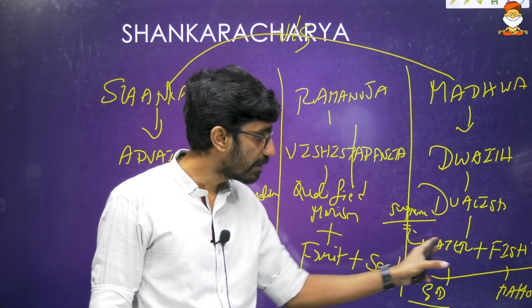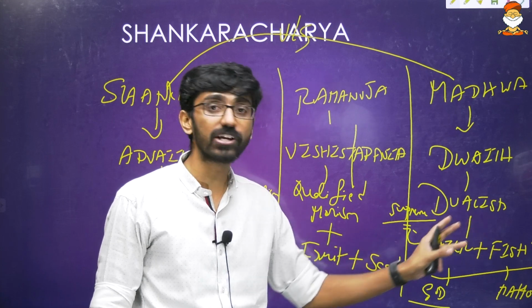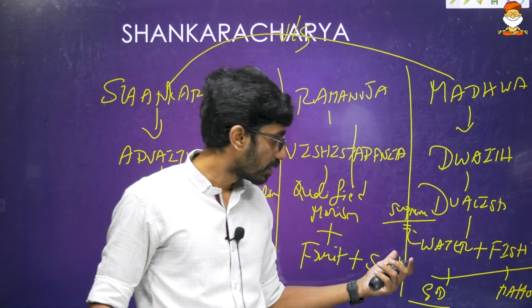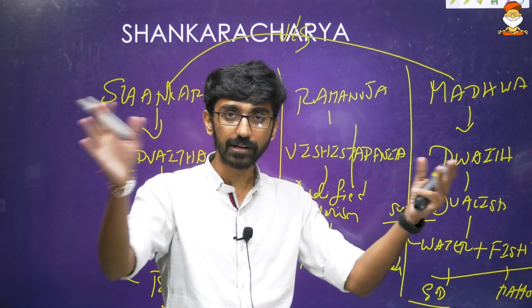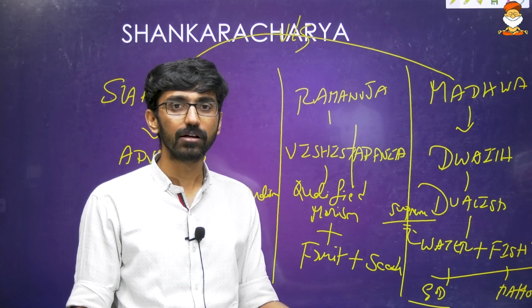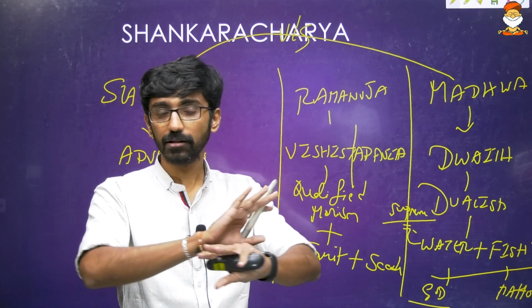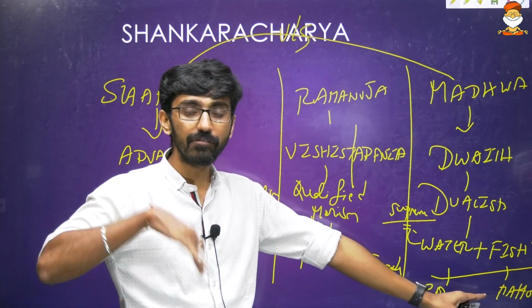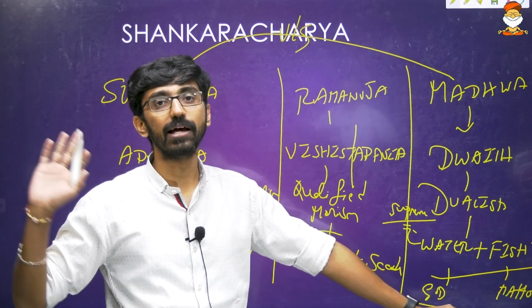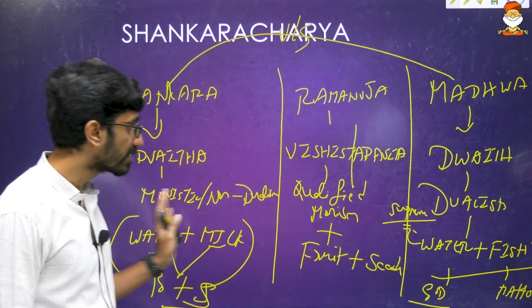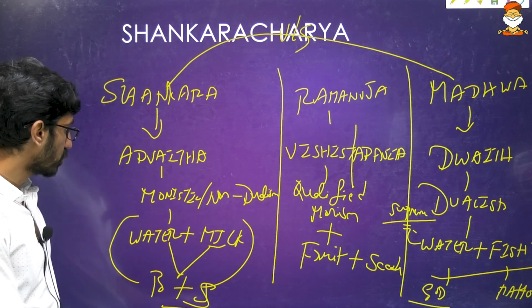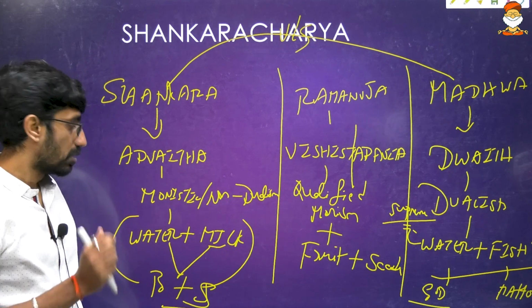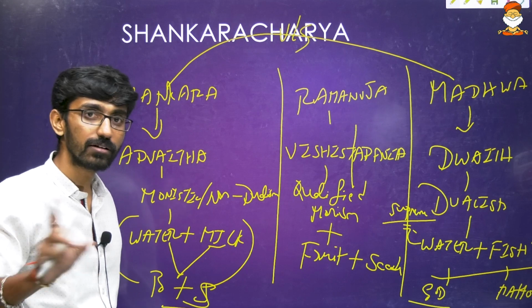Fish is a slave of water, because without water fish cannot survive. So God, the supreme being, and matter, living and non-living beings, cannot be the same, because there is a master and slave relationship. God is master, and the matter, living and non-living beings, are slaves of God. So these are three very simple examples. Advaita is water and milk, both the same, you cannot separate them.